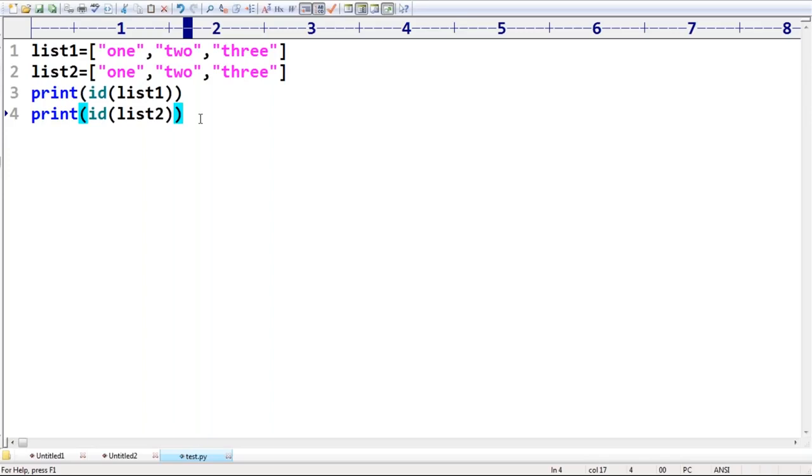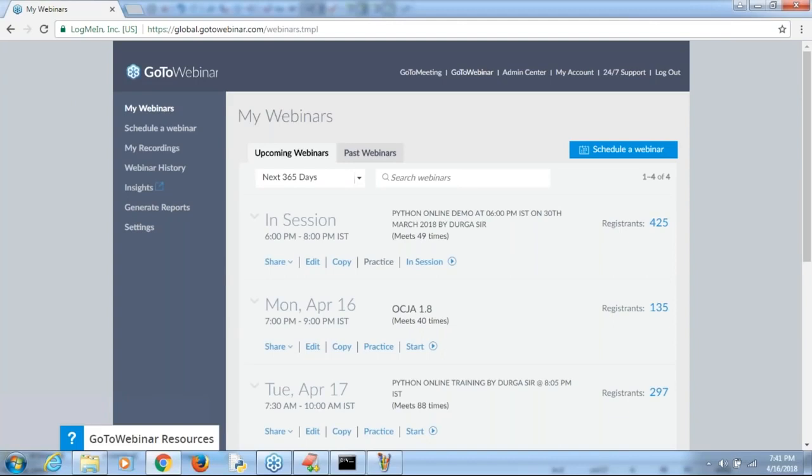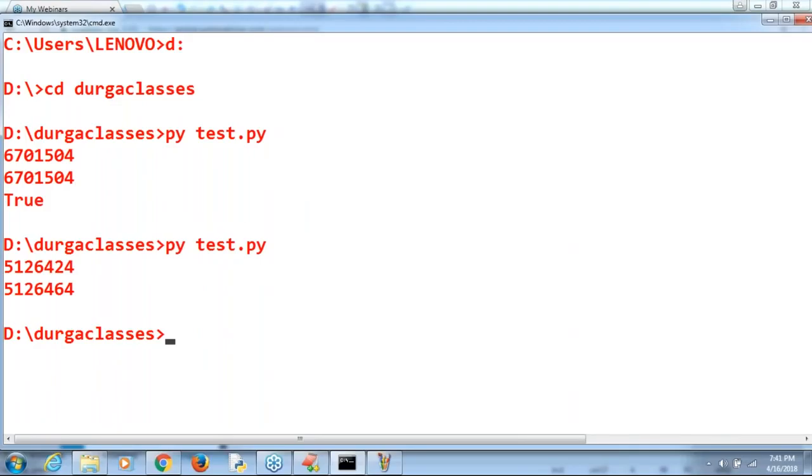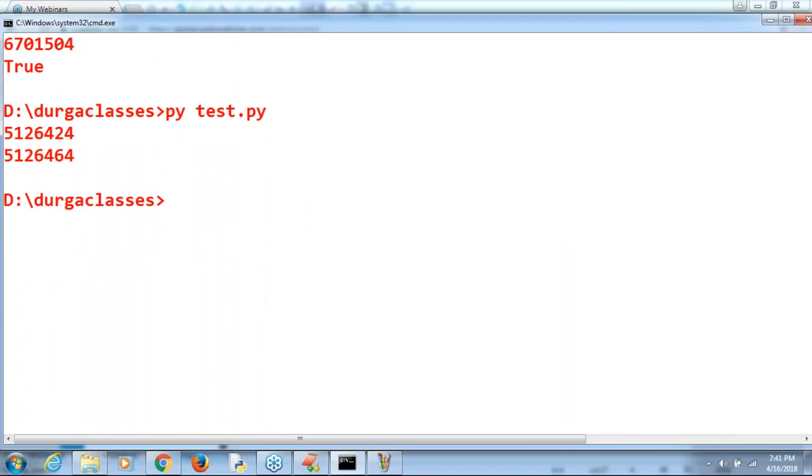Observe that, sir, both are different addresses, so we don't feel that both are the same. 424 and 464 are what we get, both are different.